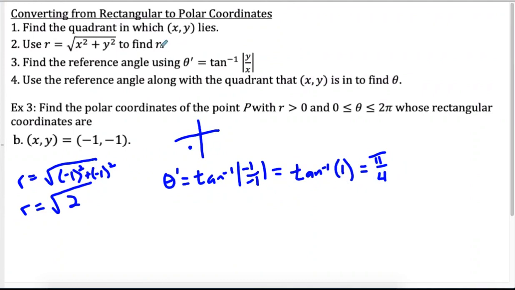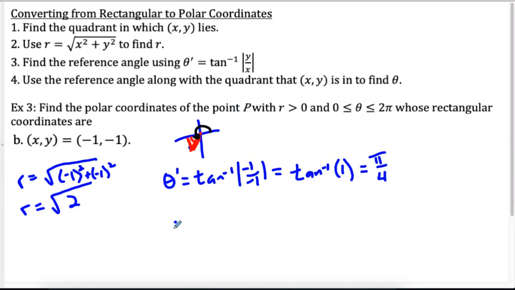So again, reference angle means the angle from the x-axis. So that would just be this angle right here. That means that my total angle from the positive x-axis would be 180 plus 45, or pi plus pi over 4.